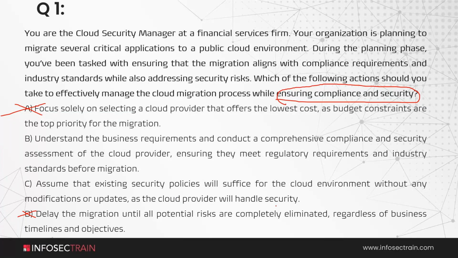You cannot assume that whatever existing security architecture or policy you have will work exactly the same on a cloud platform, because when you move to the cloud, it is very important to rework your existing security policies to meet the cloud as well. That's a very important point, team. So C is also out.